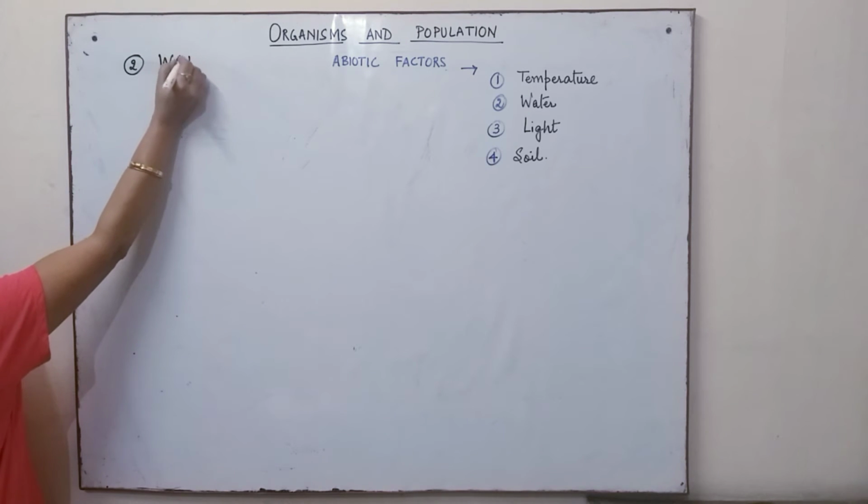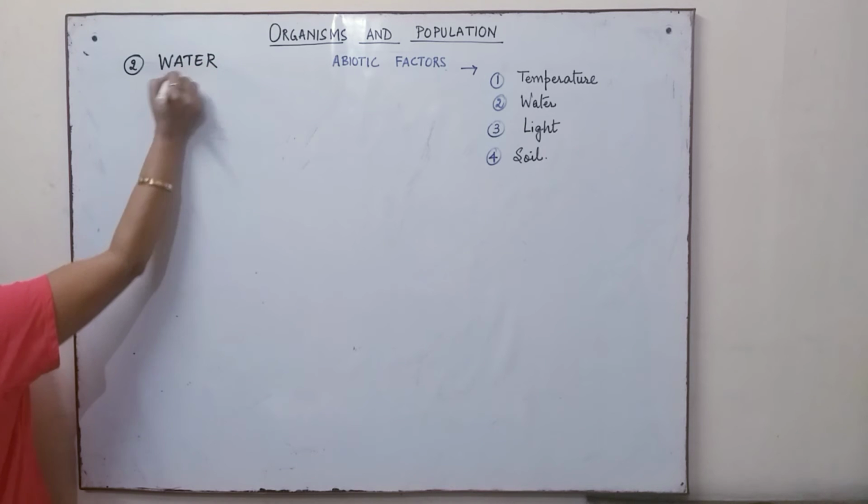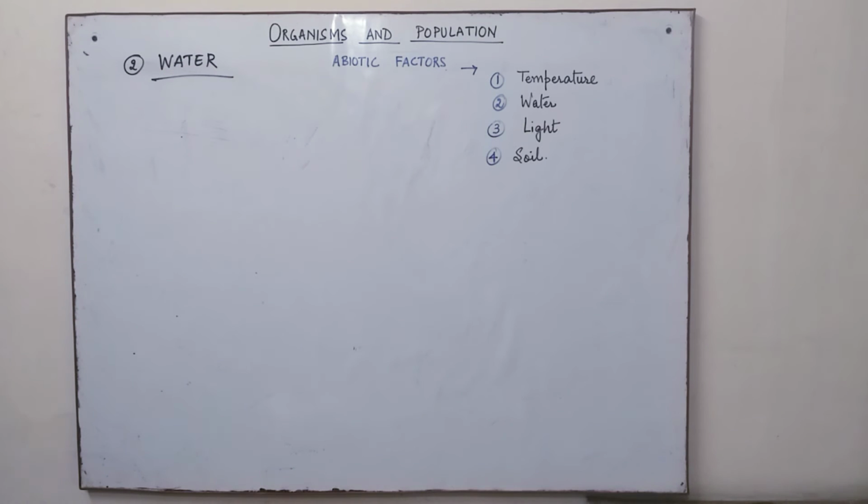Water is again an important abiotic factor. It is more so because life originated in water and life cannot be continued without water. We know water is very essential for our metabolism, and almost 70 to 80% or maybe more of the major content of our cell is water.